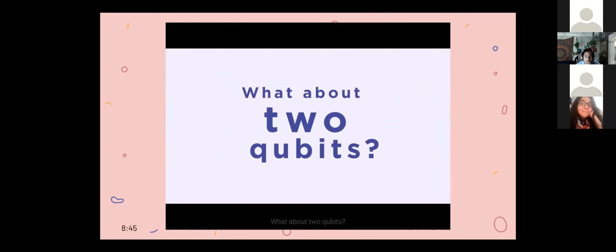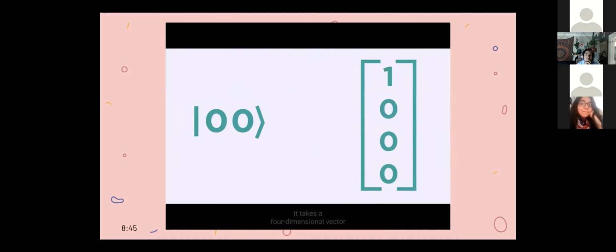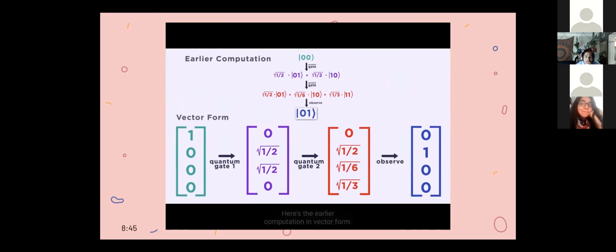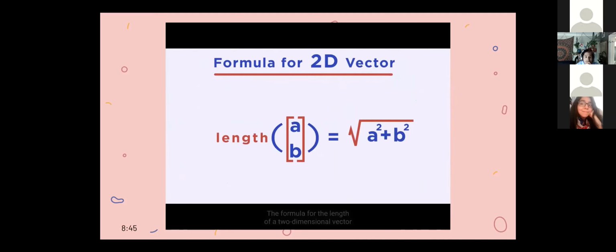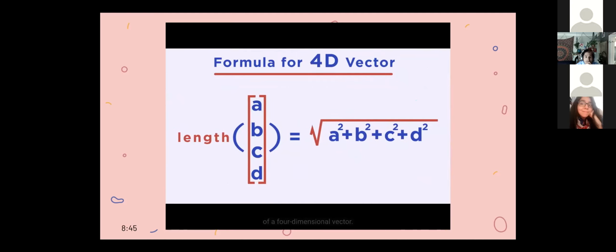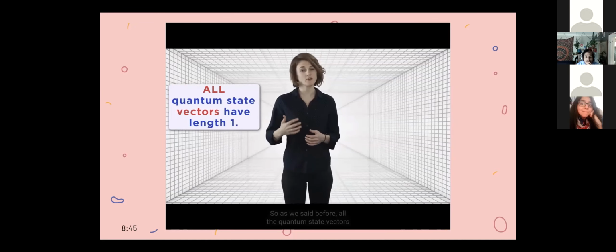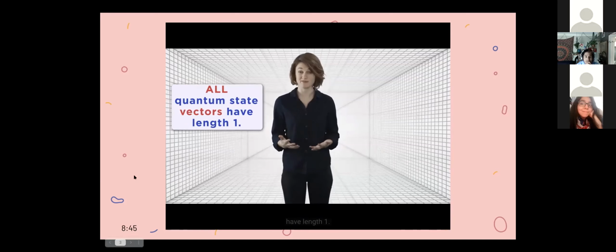What about 2 qubits? It takes a 4-dimensional vector to represent the 4 possible states. Here's the earlier computation in vector form. The formula for the length of a 2-dimensional vector easily generalizes to the formula for the length of a 4-dimensional vector. So, as we said before, all the quantum state vectors have length 1.